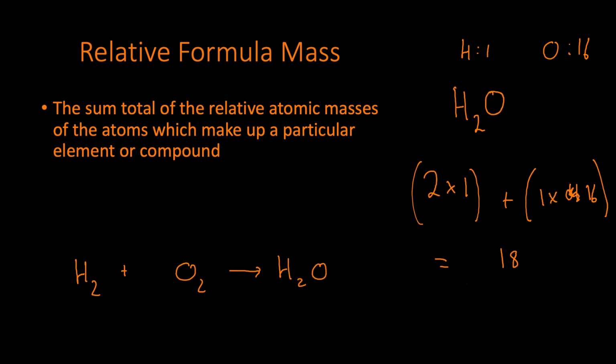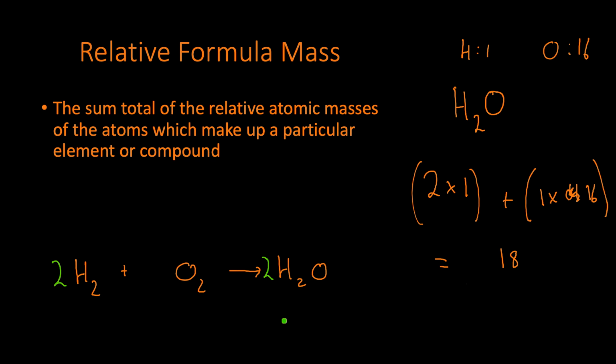Of course, then I'm going to balance it, and I'm going to do it in another color just because I feel like it. If I balance these, I have 2 oxygens here and only 1 over there, which means I need 2 of these. But if I have 2 of those, then I have 4 hydrogens, which means I need 2 of those as well. Now, what is the relative formula mass of water in this equation?